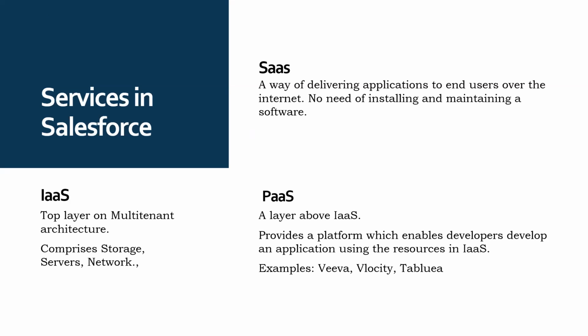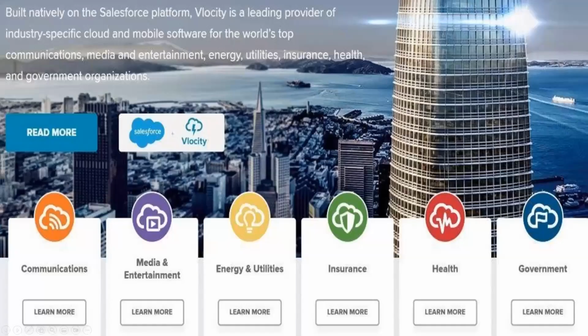So what has Vlocity done using Salesforce is that, anywhere you go, a particular industry is going to behave in the exact same way. For example, how does a telecom company go into the market? What's their behavior? How are they going to build software which fits their business? If you consider Jio, you buy a SIM card, either online or at a store.